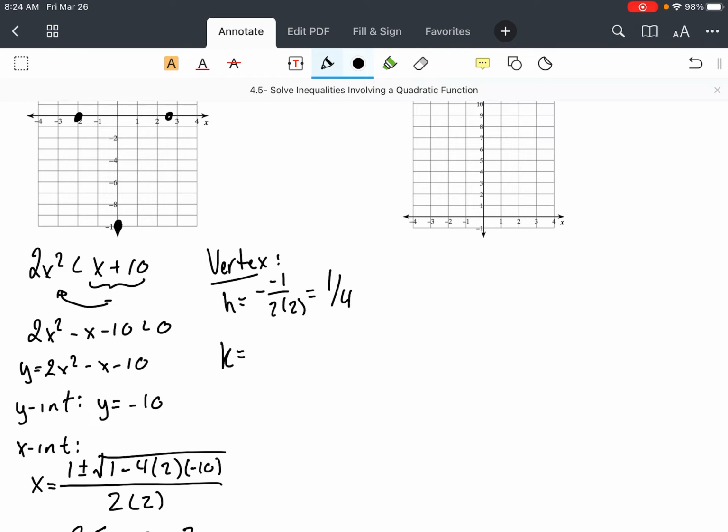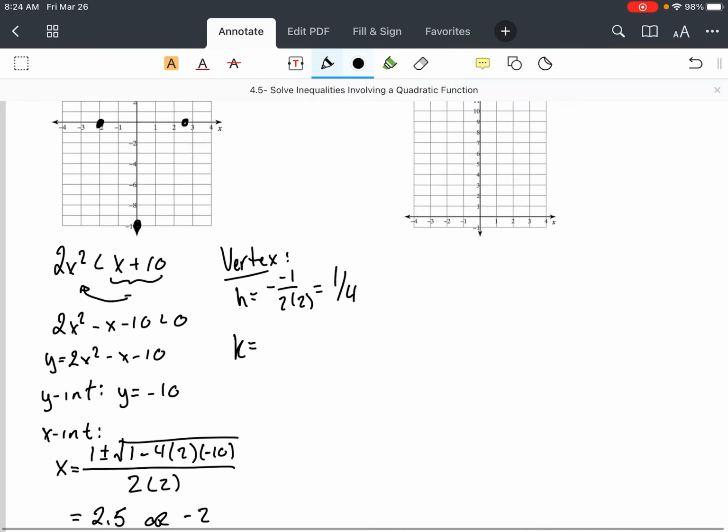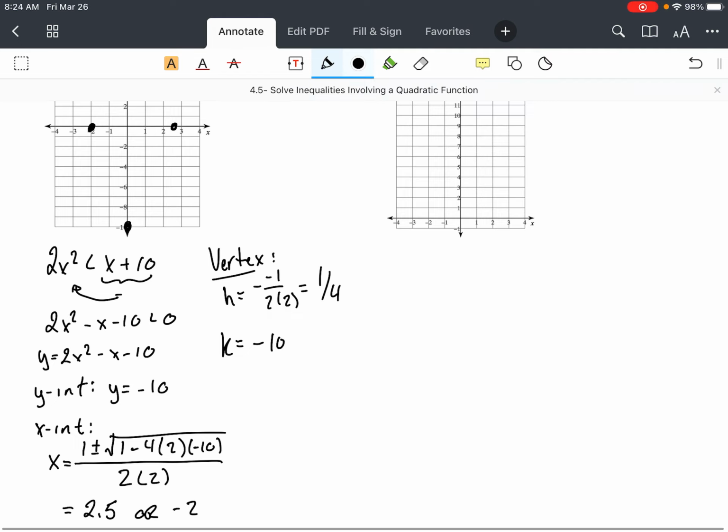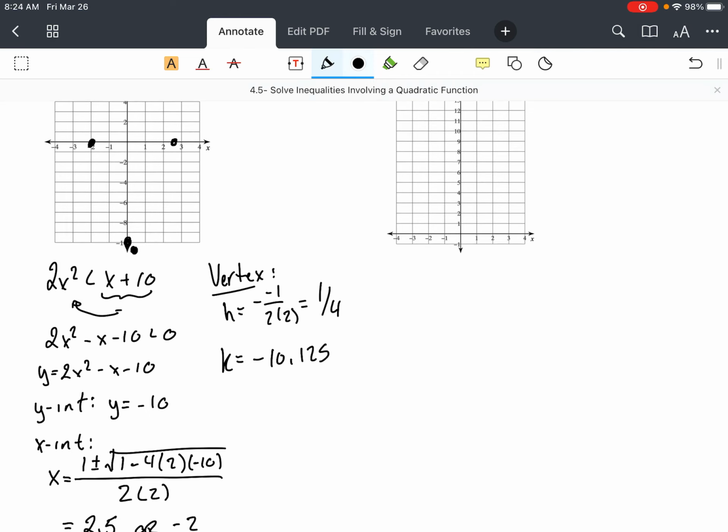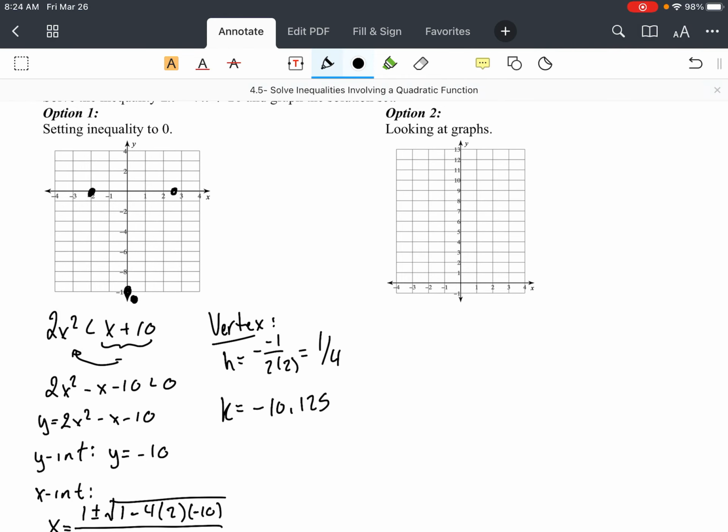And for k, you plug that into the function, and you get negative 10.125. All right, so our vertex would be somewhere right down here, just below the bottom of the graph. Okay, and this gives us just enough information so that we can actually come up with the graph. So we can draw our line now.